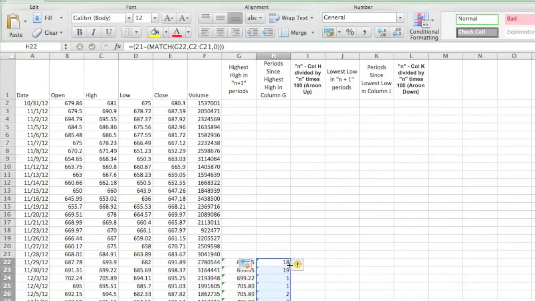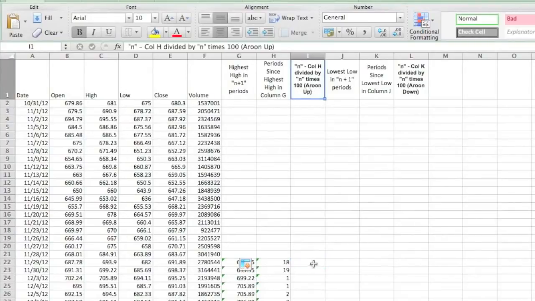So fill in the rest, and then for column I, it's n minus column H, divided by n, times 100. Whatever value we get here is going to be our Aroon up.